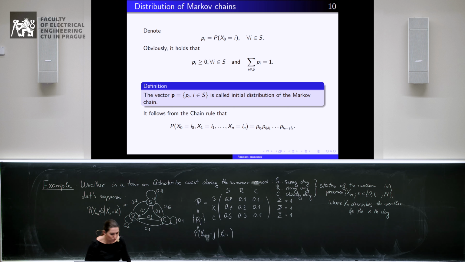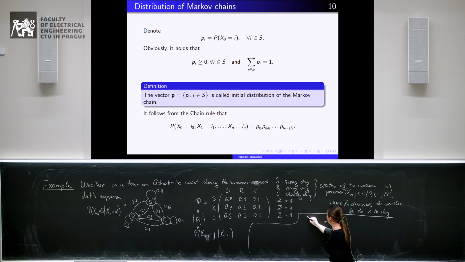The chain rule from probability theory, it was, I think, the second lecture, gives us the description how to calculate the probability of the intersection of n random events.